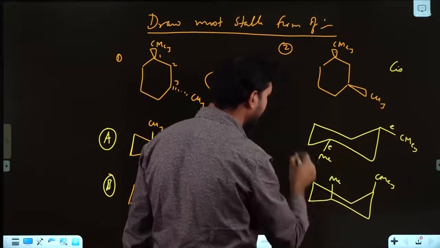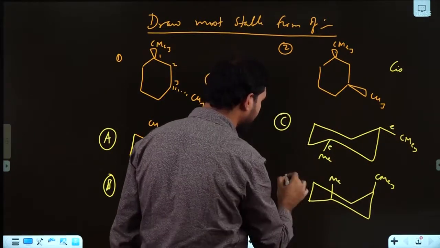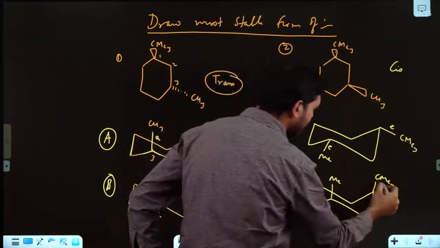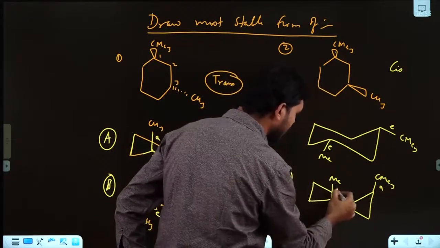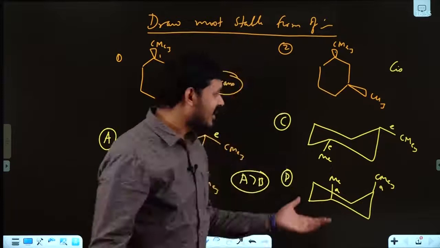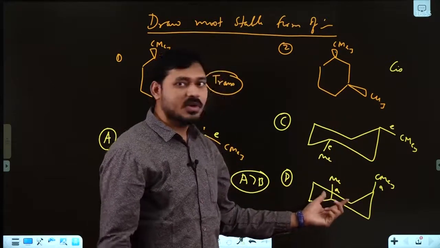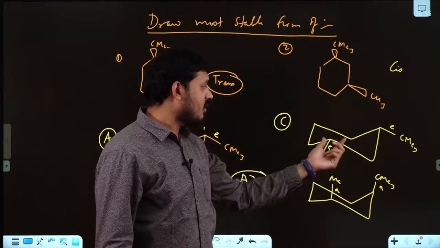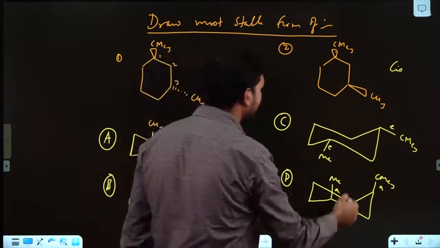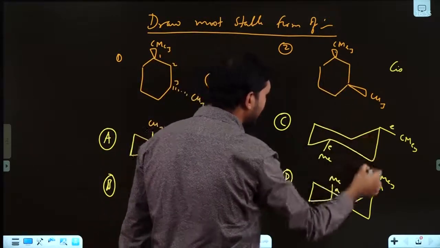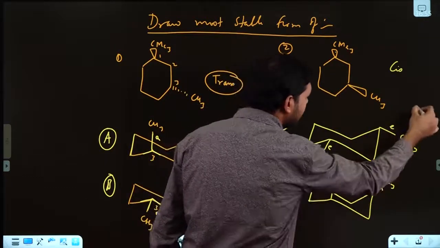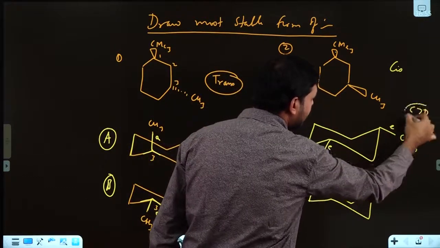This is also equatorial. Let's suppose this is C and this is D. So it is axial up. This is also axial. Now you can simply see both the groups are in equatorial position here, and both the groups in axial position here. So both groups in equatorial will be more stable. So among these two, for this compound, the required structure is C, as C is more stable than D.